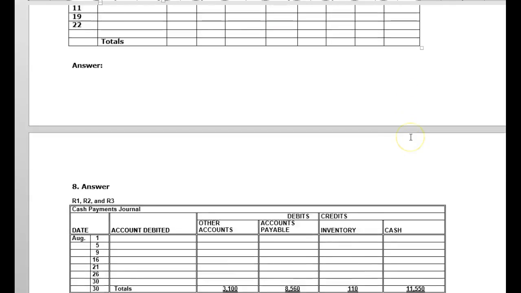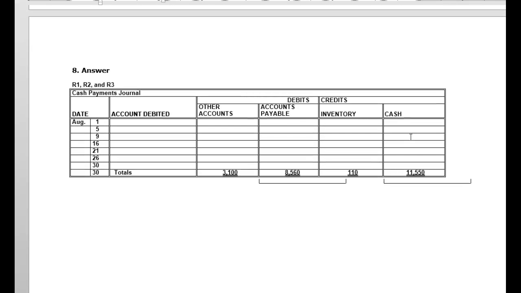And if you go to the very last one, we're going to ask you to fill out a cash payments journal. Again, you're going to look at the account that's being debited. Here's other accounts. Here's your accounts payable. Here's your inventory. And here's your cash. Now, again, this would be vendor account.